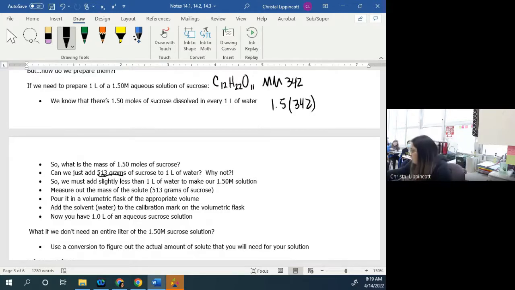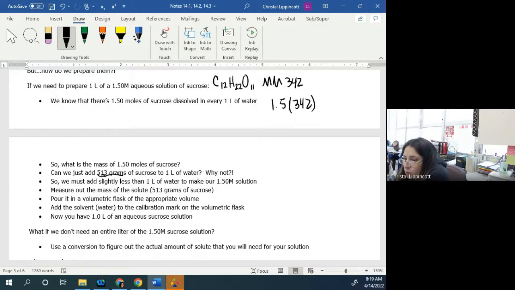So the concentration is based on how much of the solute you put in there. That's your concentration, because that's your moles over your liters of solution. So you'll end up putting in just slightly less than 1 liter of water.